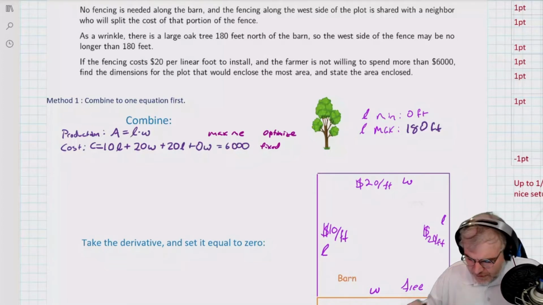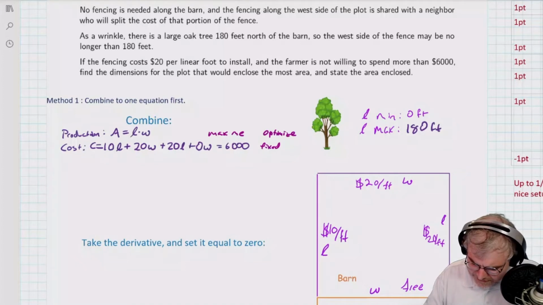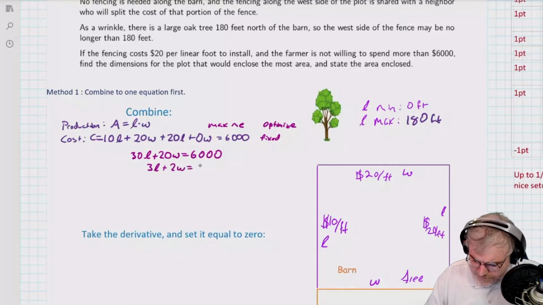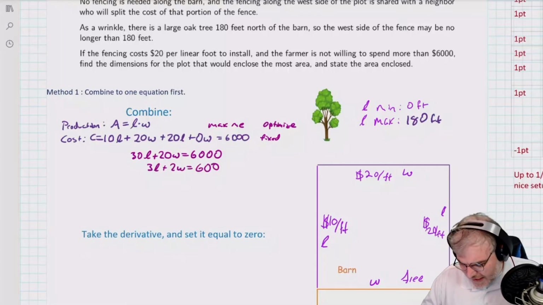Okay. So what I'm going to do is I'm going to combine these two functions. So the simplified version of this is going to be 30L plus 20W equals 6,000. And I'm going to divide through by 10 here, just to make the numbers a little bit smaller because I can.